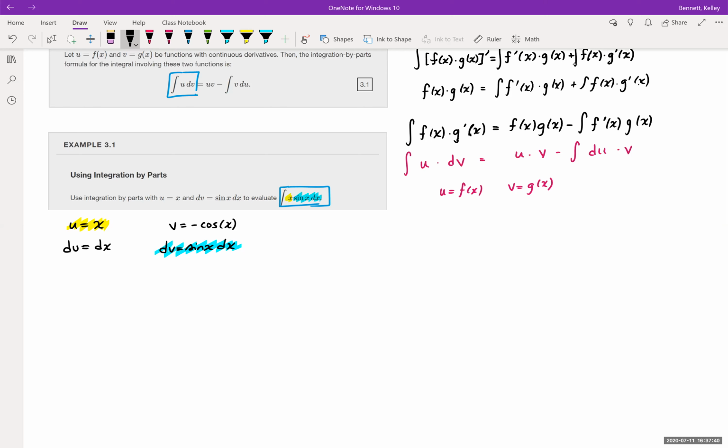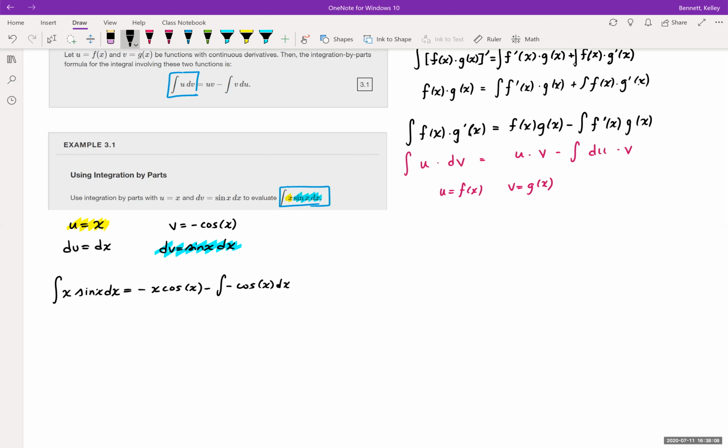So what we'll end up with is the integral of x sine x dx, this has to equal u times v. So that's x times negative cosine x minus the integral of v times du. So that's just going to be negative cosine x dx.